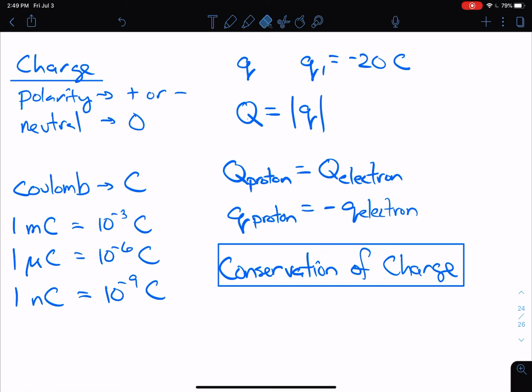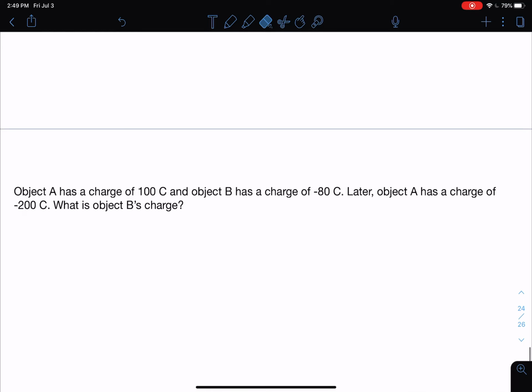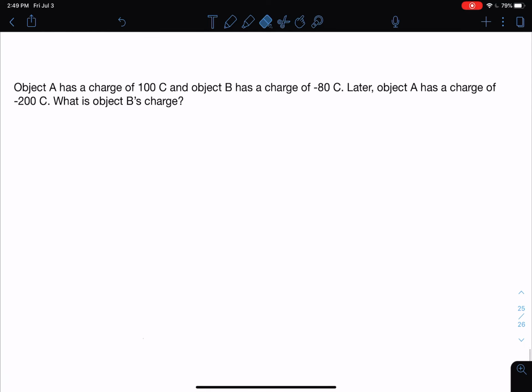So let's take a look at an example. Object A has a charge of 100 coulombs and object B has a charge of negative 80 coulombs. Later, object A has a charge of negative 200 coulombs. What is object B's charge?